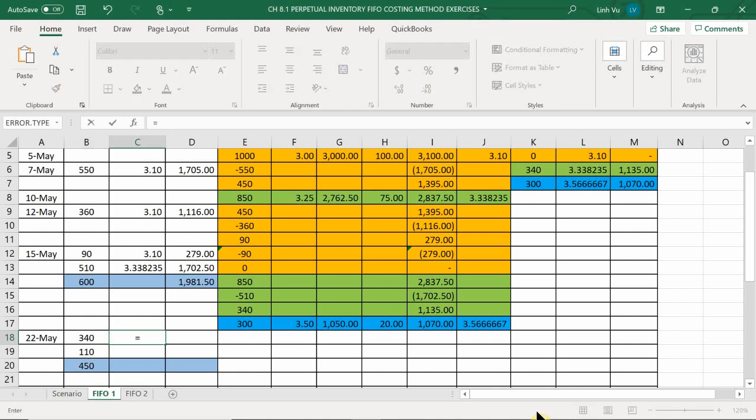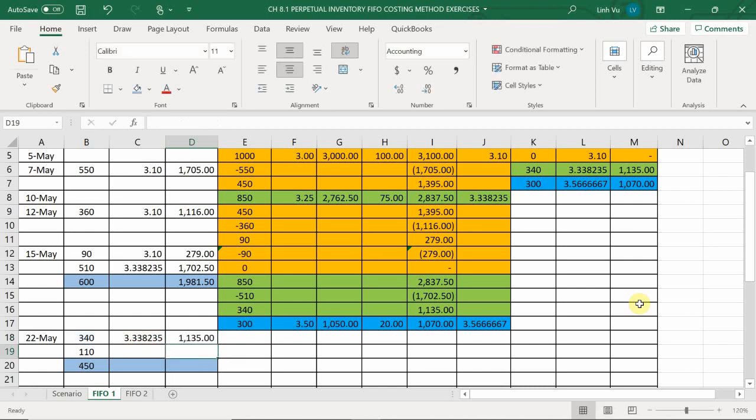Good. Now, because we're going to eliminate the entire green batch at the 3.33, we know it to be the 1135. Since we have that, I'm going to eliminate that right away from my batch of inventory. 340 minus 340 gives me 0.